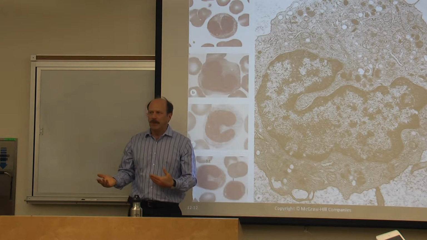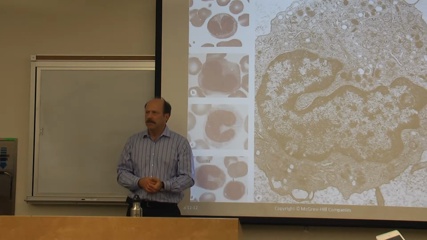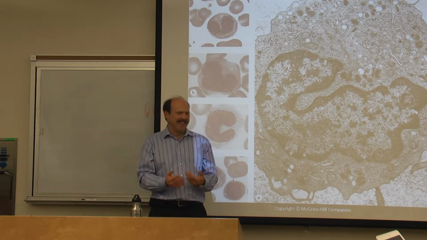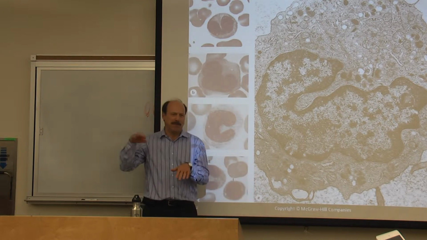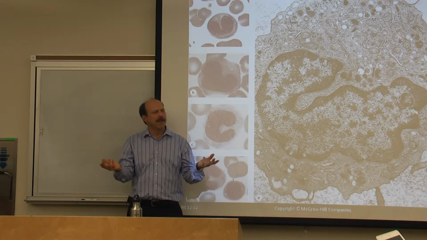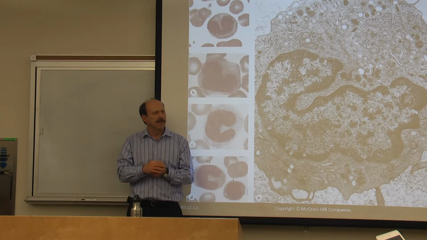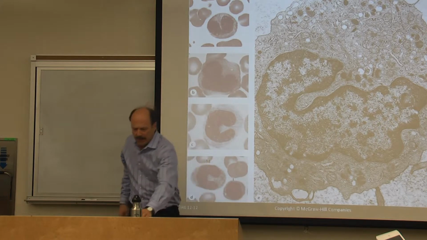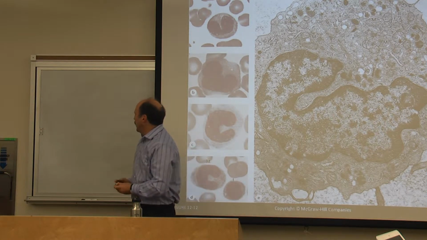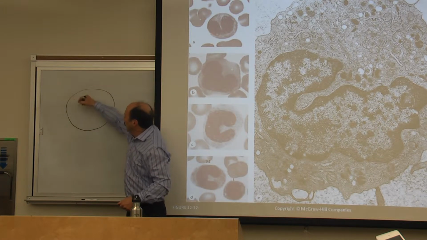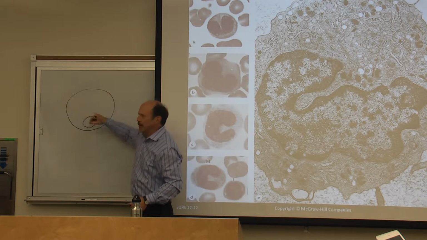What's the difference between a leukocyte and a lymphocyte? They both begin with L and they end with cyte, and so you lose about half the people all the time on that one. But a leukocyte is another name for what? A white blood cell. It's a big category, a big class. In one of the lectures, I was drawing these Venn diagrams, and I said, sometimes one word is contained in another word.